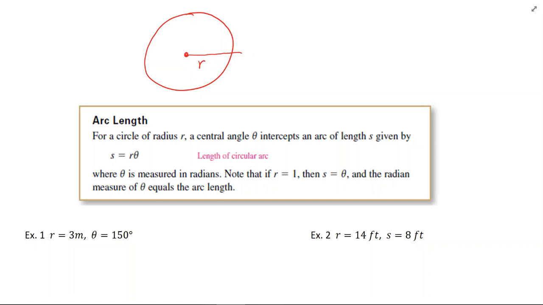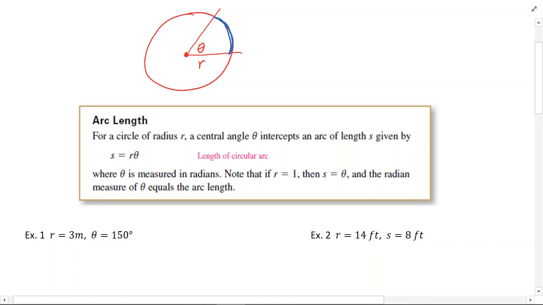And let's say that I have this pie shape right here, and I'm interested in knowing what is the length of this arc that is contained within this radius of the circle, and we know that the angle of this pie shape is theta, or we're defining it as theta.